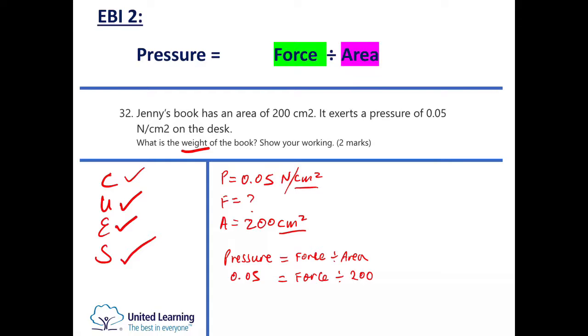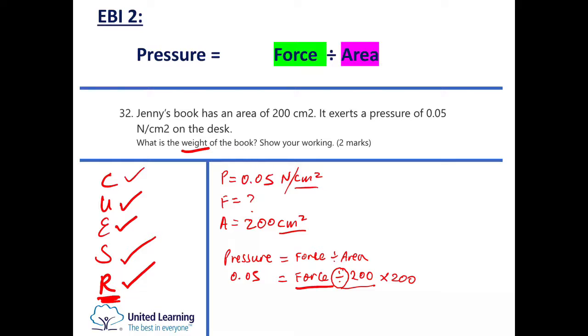And there is another part to Q's, which is R. And R means to rearrange. So we are going to rearrange this equation. We want to make force the subject, and the way to do that is to get rid of this 200. We look at this operation here, which is divide, and we're going to do the opposite of that and times it by 200 here. So the opposite of divide is times, so we're timesing it by the same number, 200.